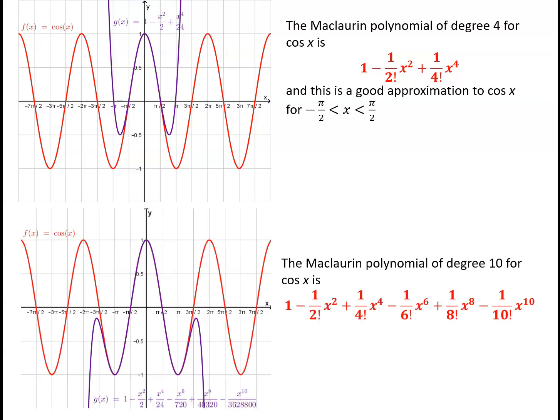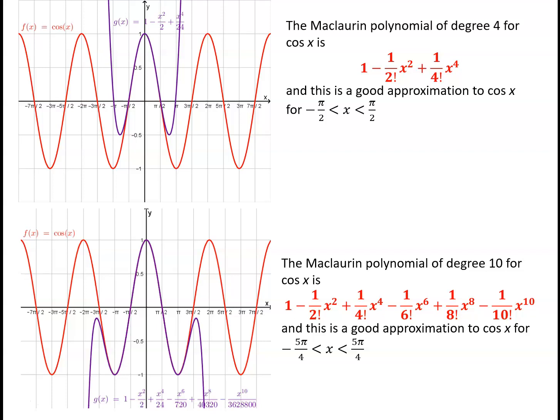If we instead look at the Maclaurin polynomial of degree 10 for cos x and compare it with the original graph, we can say that in this case there's certainly very good agreement between minus pi and pi, and it's a little bit further than that, possibly minus 5 pi by 4 up to 5 pi by 4.